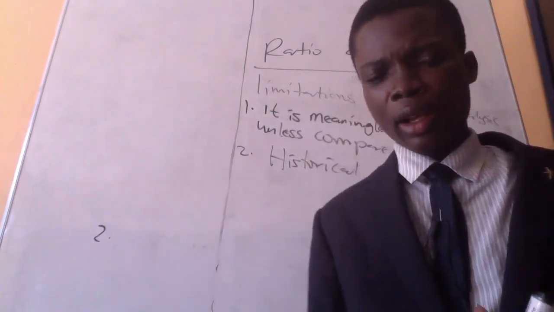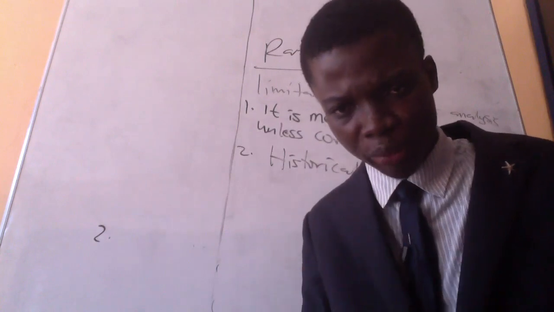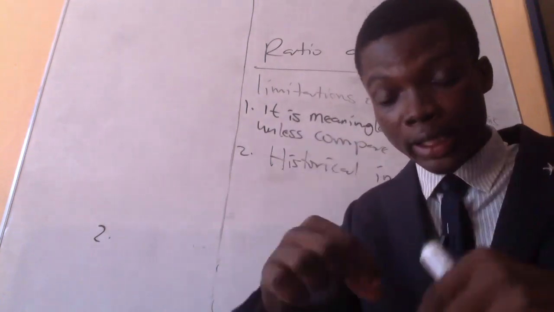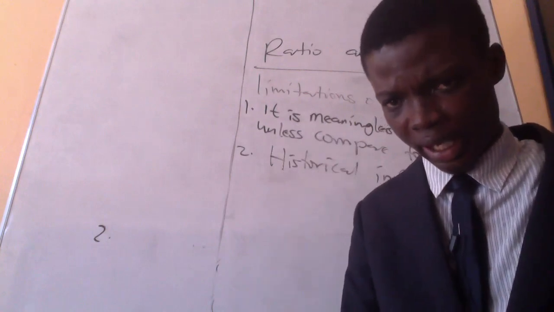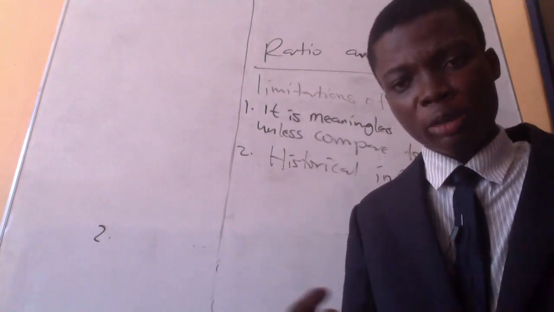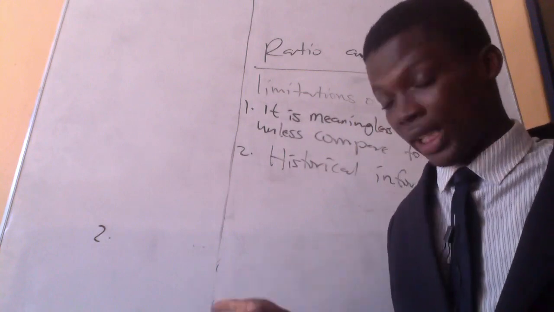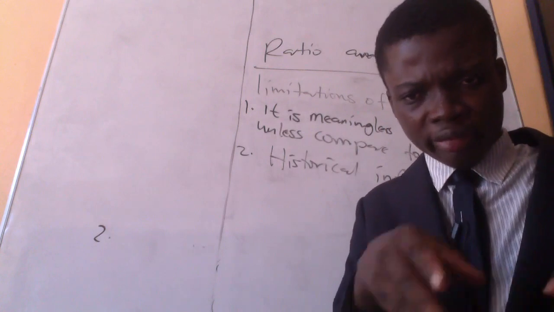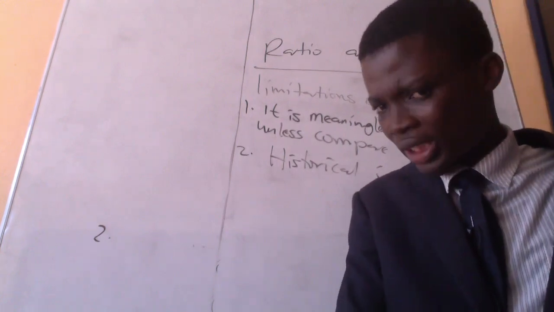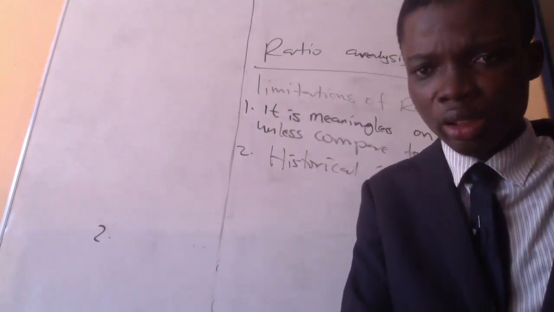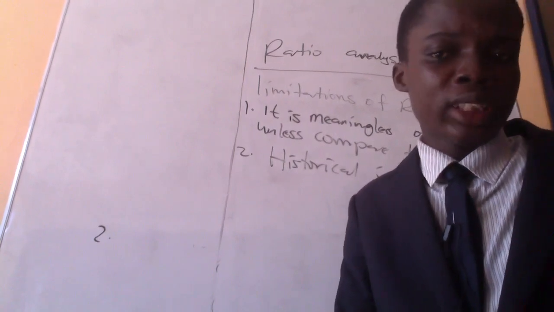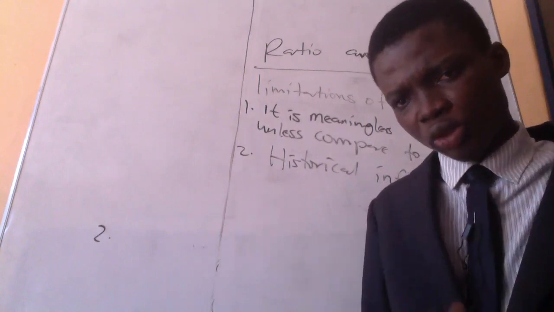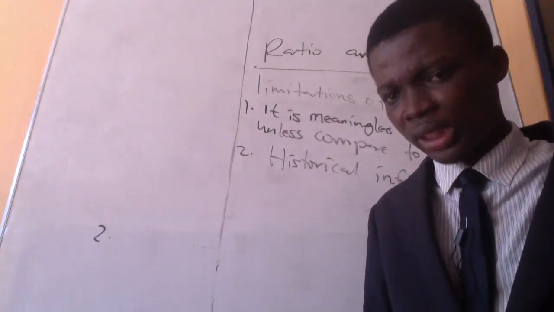So the analysis that we are doing will not help us to predict the future because we are using recorded data, which might be different from the one prevailing today. The most recent financial statement might be the 2019 financial statement, right? If I'm going to use the 2019 financial statement to predict what happened in 2020, it might be totally different.